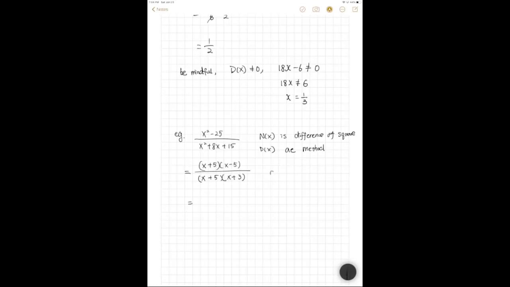Okay, and then I can divide out the common factor, which is x plus 5, right? Top and bottom, they both have x plus 5, so I can divide that out. So the reduced form should be x minus 5 over x plus 3.